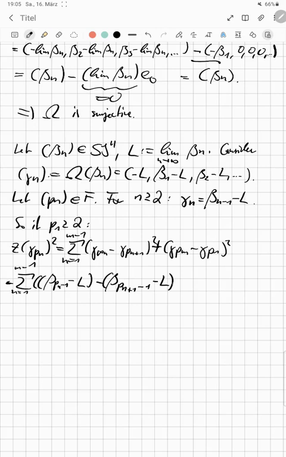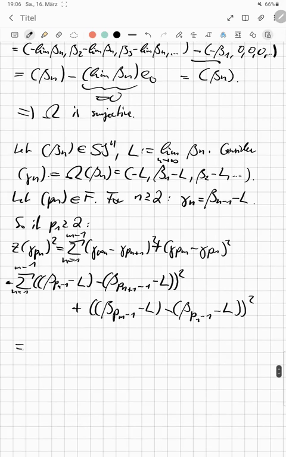And this also minus L, and this squared, plus, then here we have beta Pm minus 1 minus L minus beta P1 minus 1 minus L, and this also squared. And now all these L's will cancel out, and what we get is this sum.